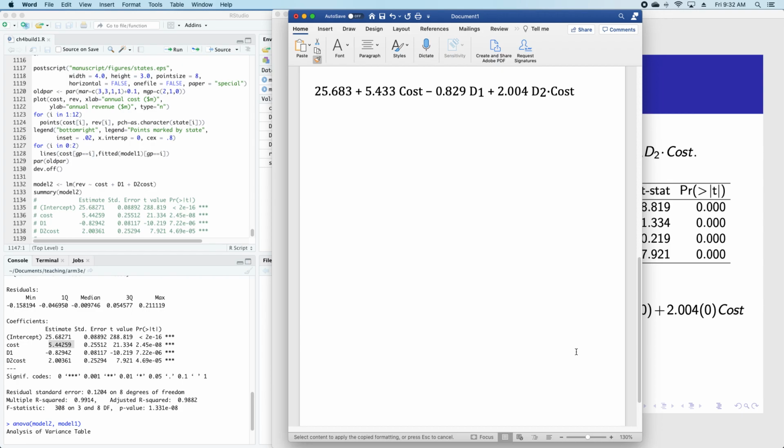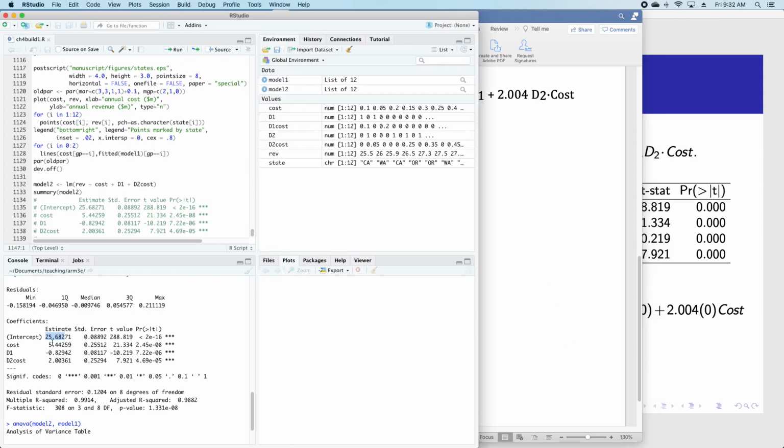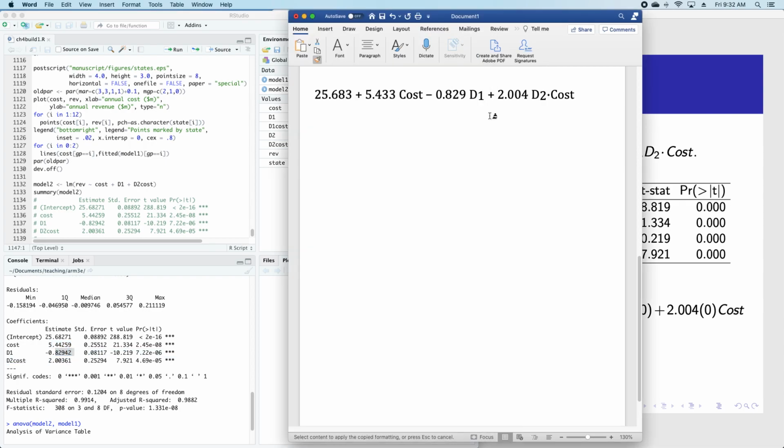Okay, so here's my full equation. So I'm just getting these numbers from this coefficients table here. And again, I could simplify this equation by plugging in D1 and D2 to get equations for Oregon and California and Washington separately. So let's just quickly run through what that would look like.